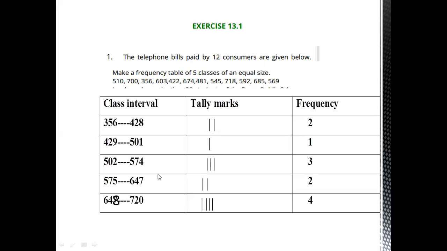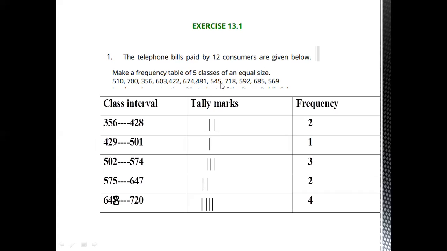Clear? The next interval is 575 to 647, means that in the given data you check how many numbers are greater than or equal to 575 and up to 647. So 603 lies in this interval.